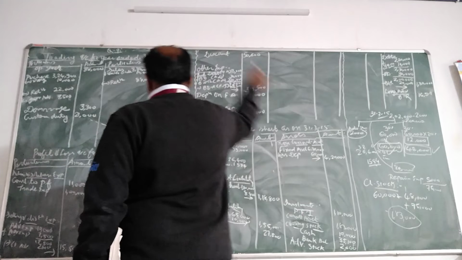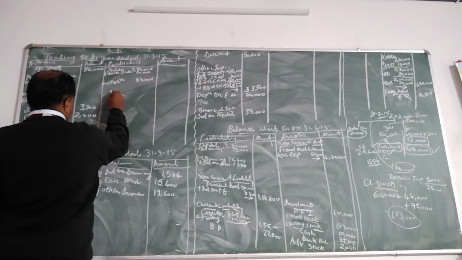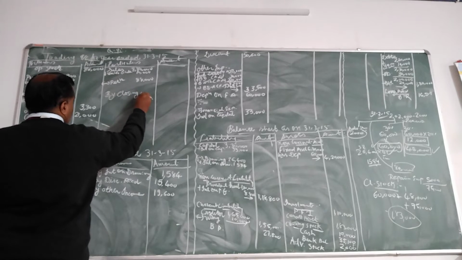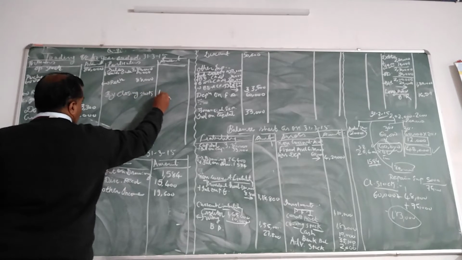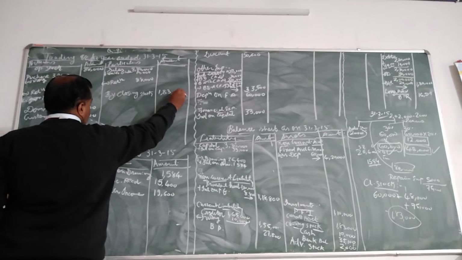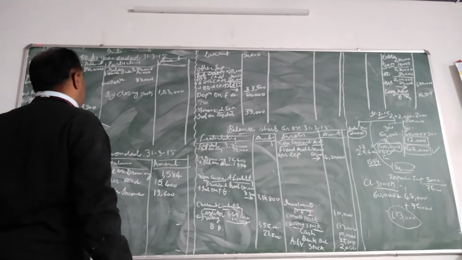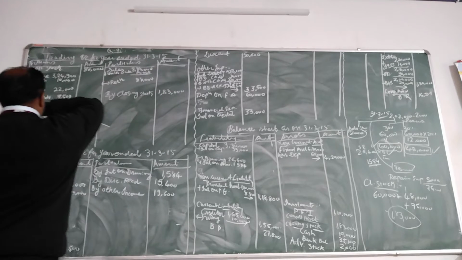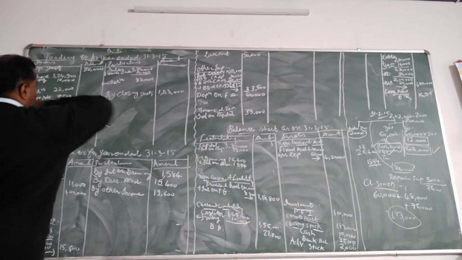Second entry in the trading account, by closing stock 1,83,000. Now we write the final amounts over here.